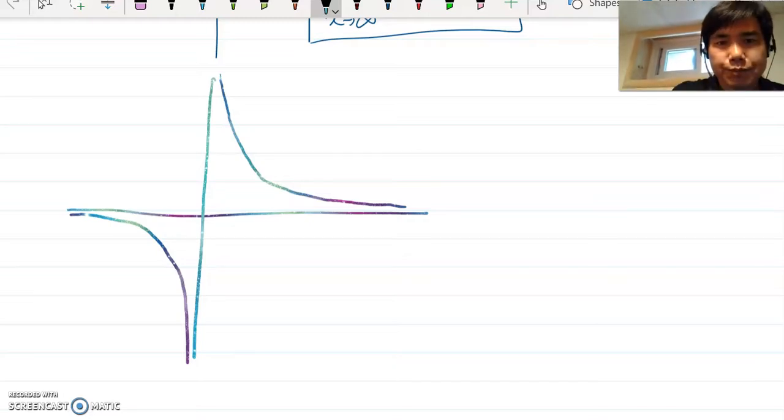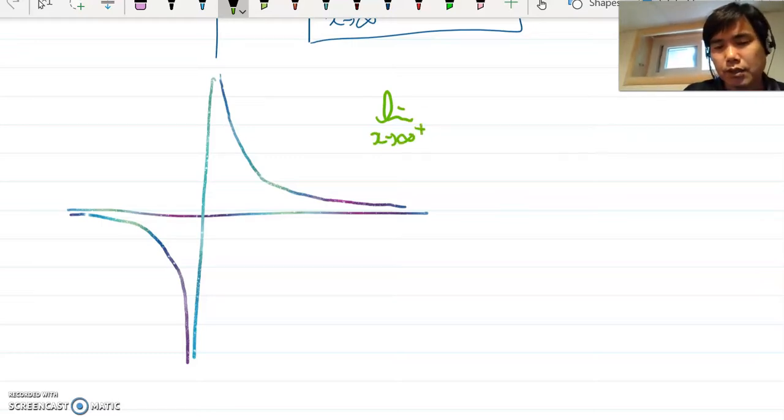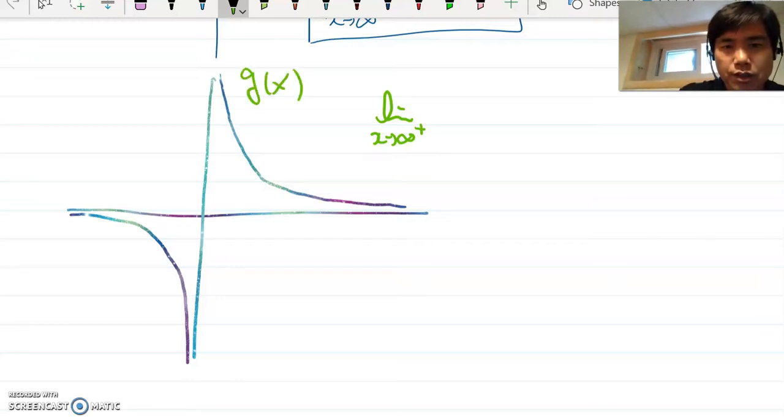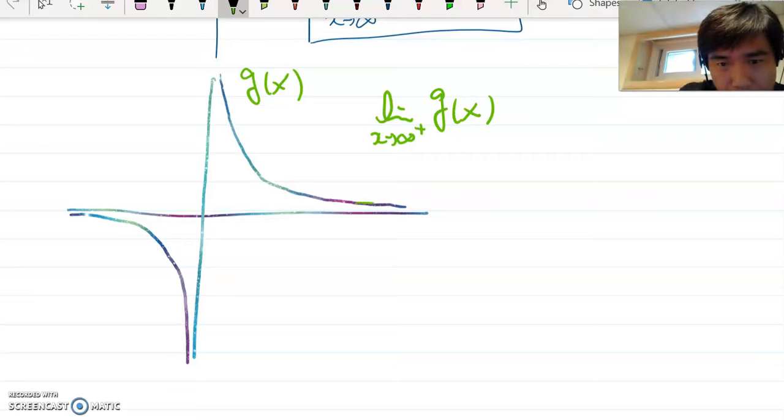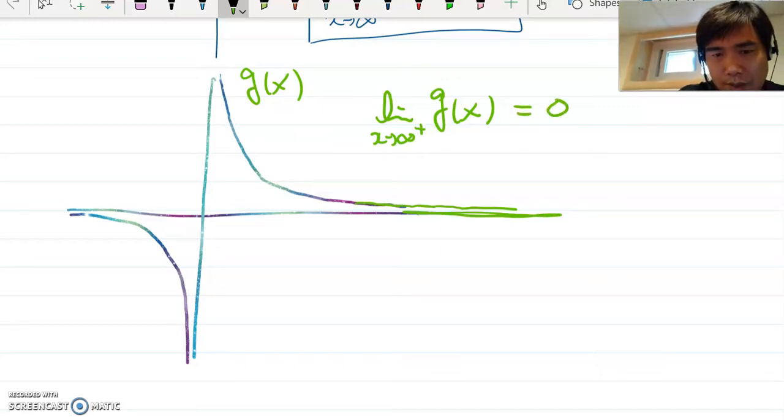Now I'm asking for the limit as x moves to the positive infinite side of g(x). Then g(x) approaches the x-axis, but it never crosses. We know that, right? Because the x-axis becomes our horizontal asymptote. So this becomes 0.